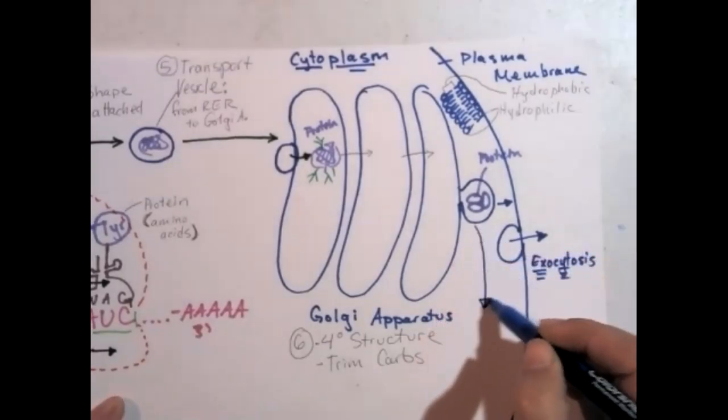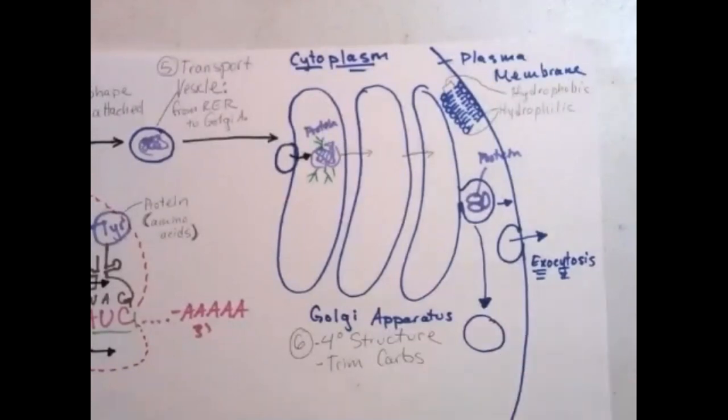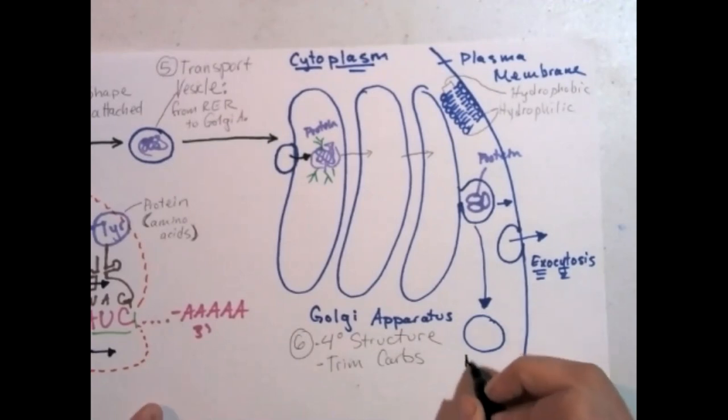Or this vesicle can become a new organelle. Depending on what is inside here, what kinds of proteins, this can become a new organelle, or it can transport to another type of organelle.